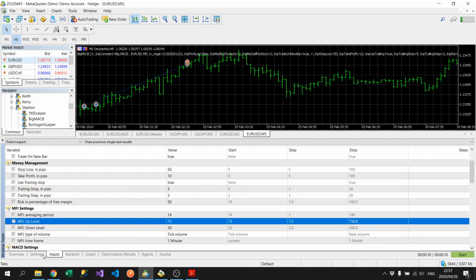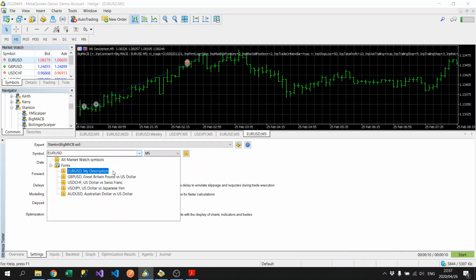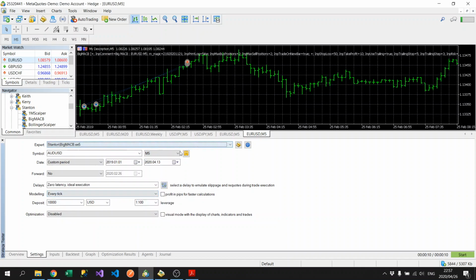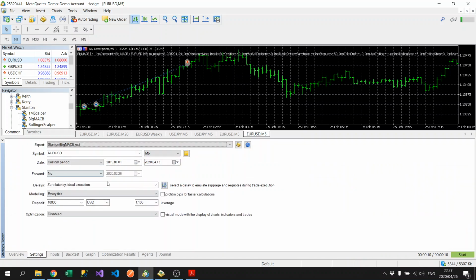Okay, and let's show you one more thing. We're going to show you the Aussie USD, and remember, all set files come included with the download package when purchasing this algo. Okay, I'm just going to run the last one. We're going to change it to Aussie USD.